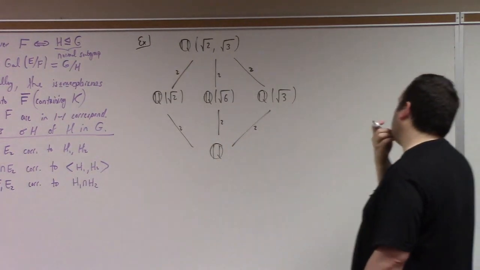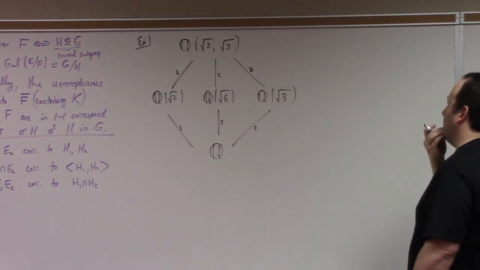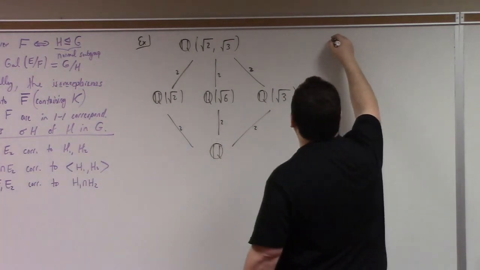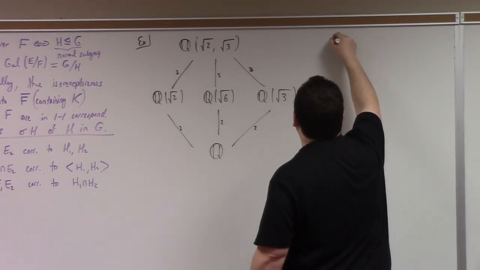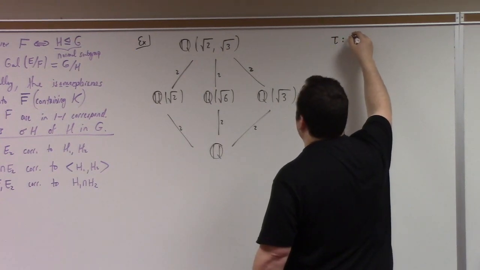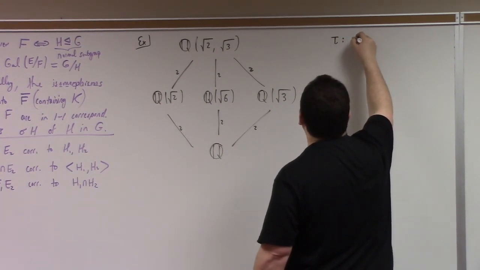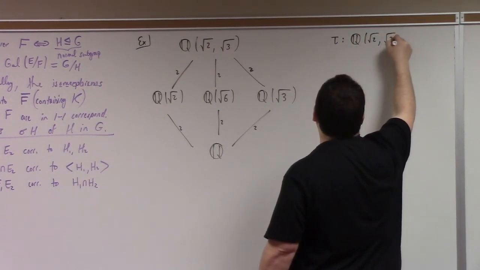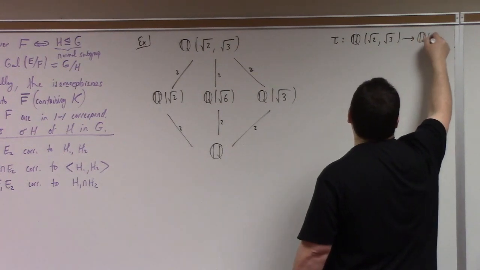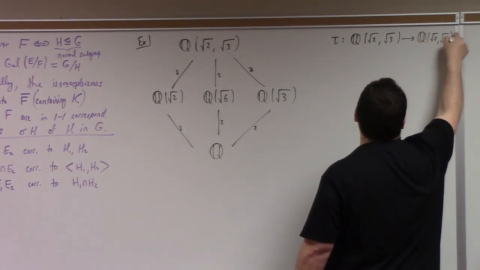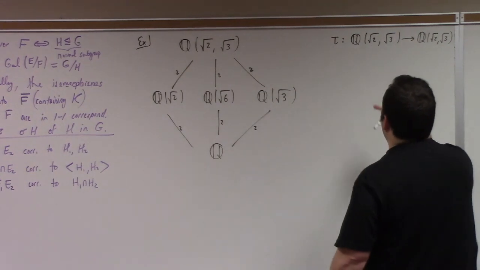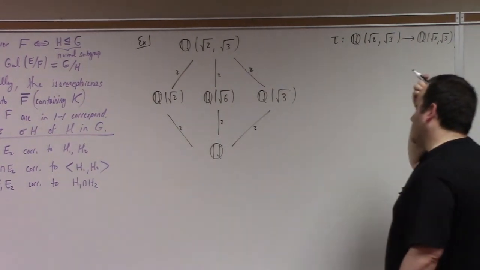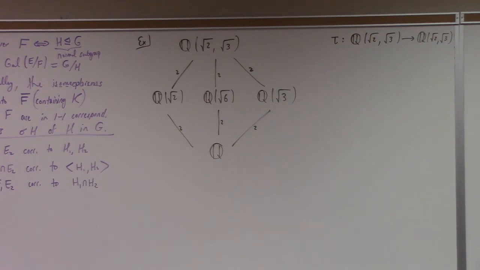I'm trying to remember. So to fix, if tau is an automorphism up here, how do we fix it? If this is a Q-fixing automorphism of Q adjoin root 3 and root 2, what do we have to work with there?